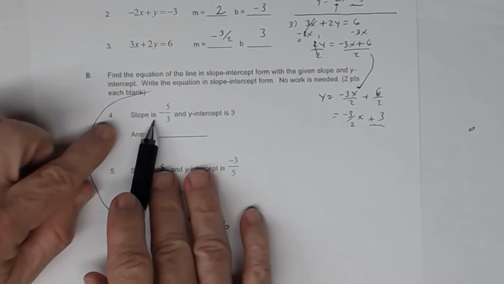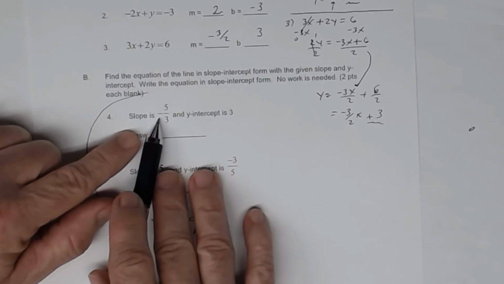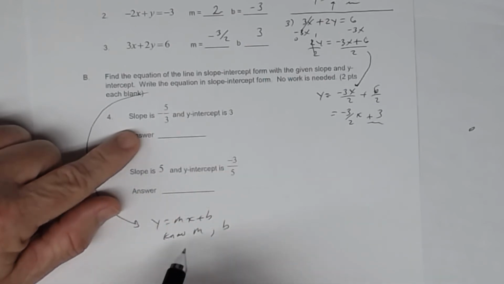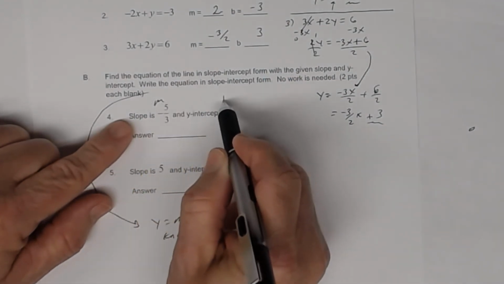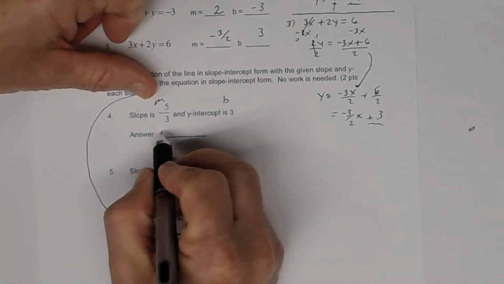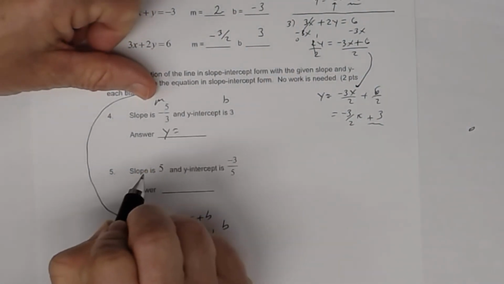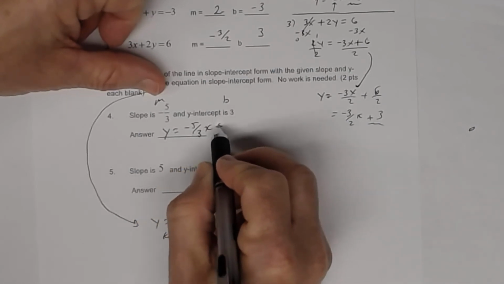So for example, in number 4, you're told the slope is -5/3 and the y-intercept is 3. All you do is take these values, m and b, and substitute them into this equation. Your answer is going to be y equals, you must say y equals, -5/3 x plus 3.